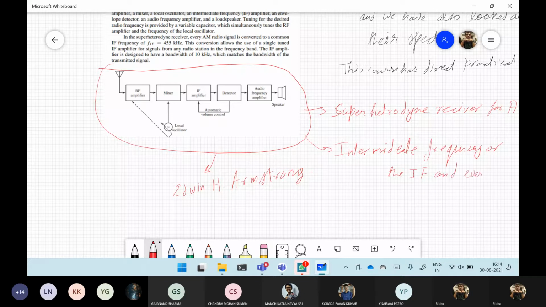And everything is taken care of, or all the remaining circuits are designed, fine.